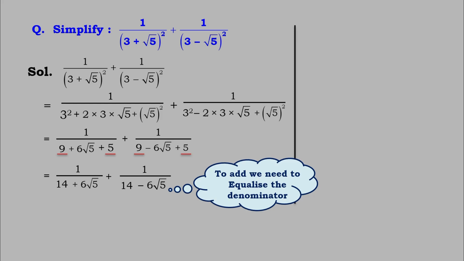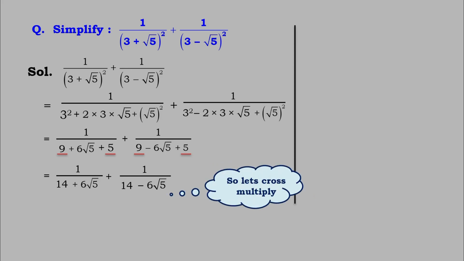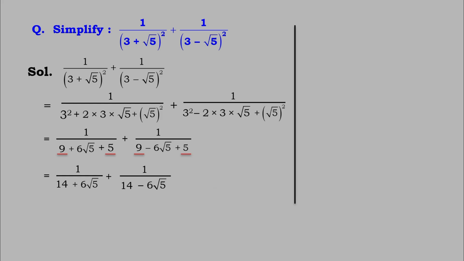Now to add, we need to equalize the denominator. So let us do the cross multiplication. So basically we are doing the LCM over here and do the cross multiplication.